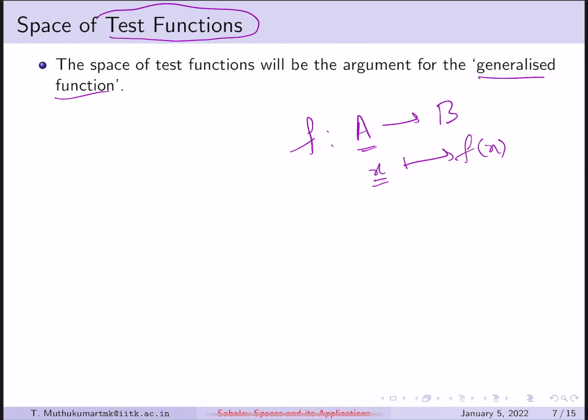It's called test function because you are going to test this map with elements from this space. So the argument for the generalized function will be the space of test functions. Okay, we will introduce what the space of test functions is in due course.